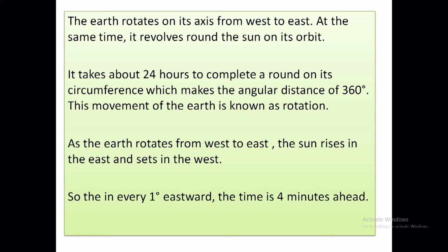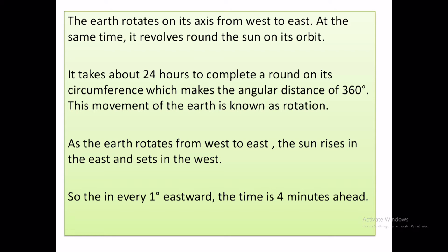That rod works as the axis of the earth in the globe, and with the help of that, it moves from the western direction to the eastern direction. At the same time it also revolves around the sun in its orbit. You know about rotation and revolution, I think you are clear about this.